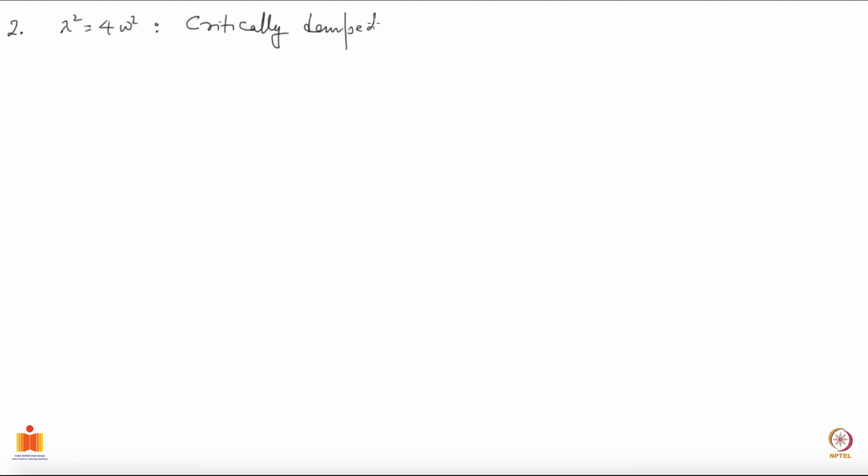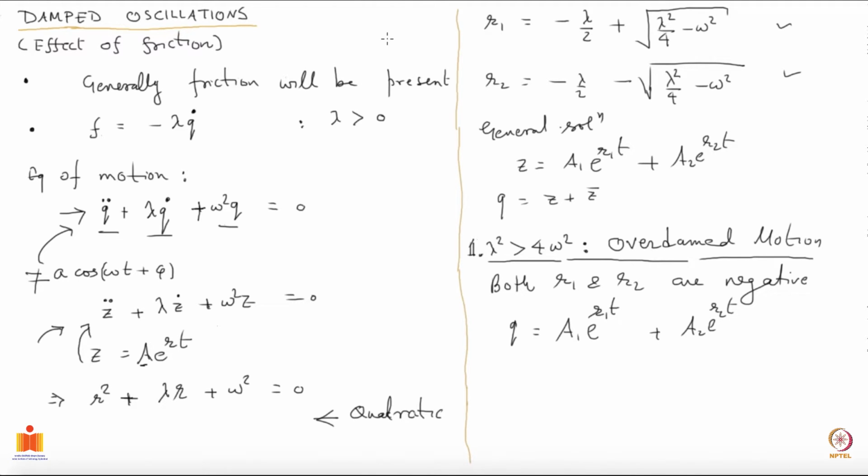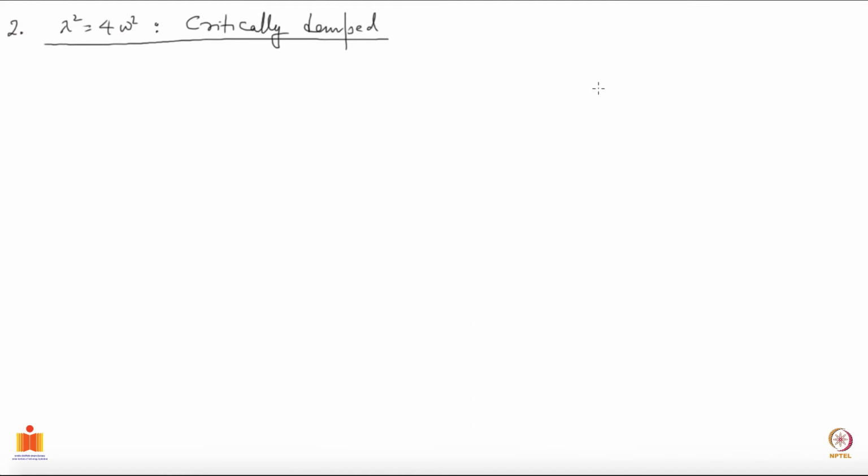Let's see what happens in this case. Our r1 and r2 are both minus lambda over 2.